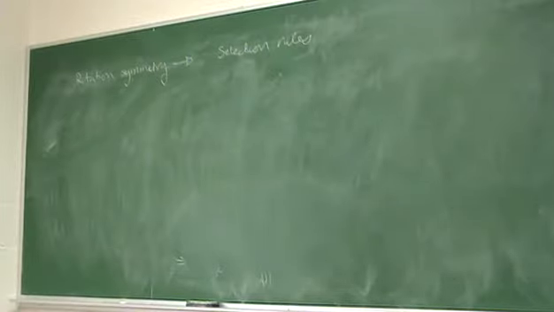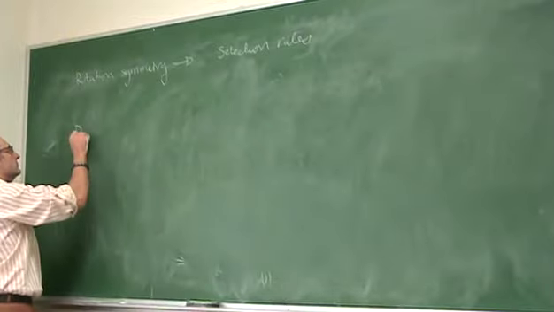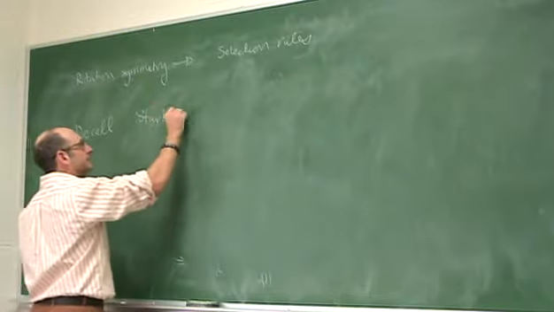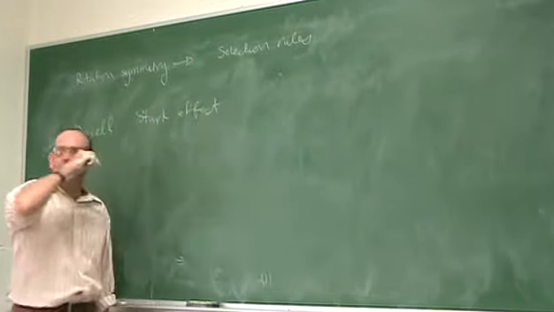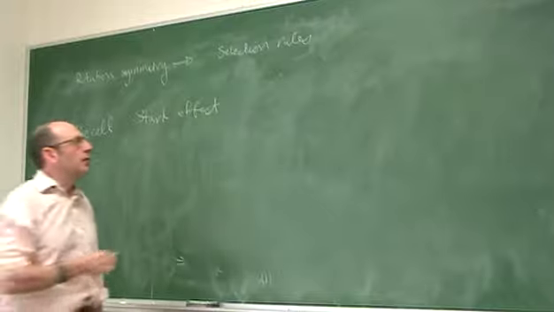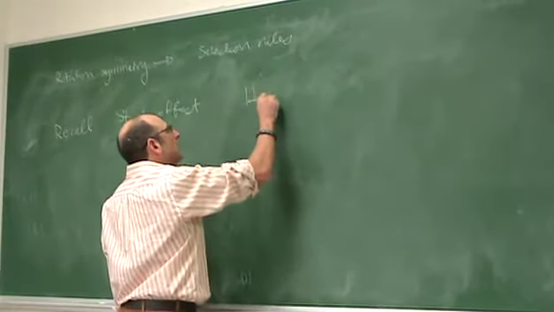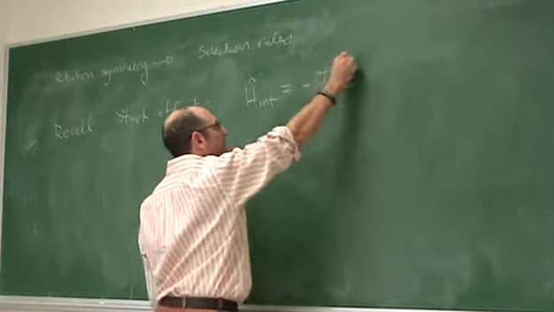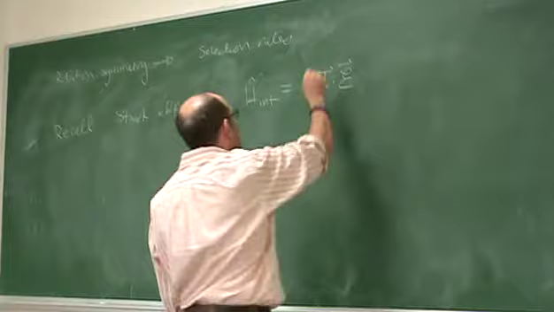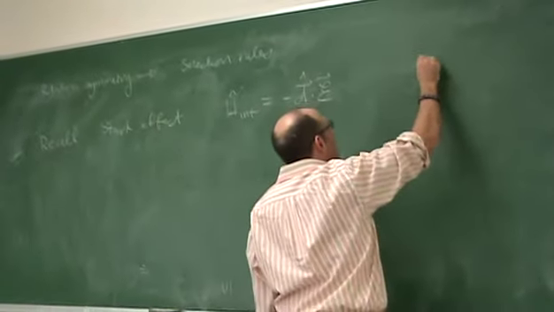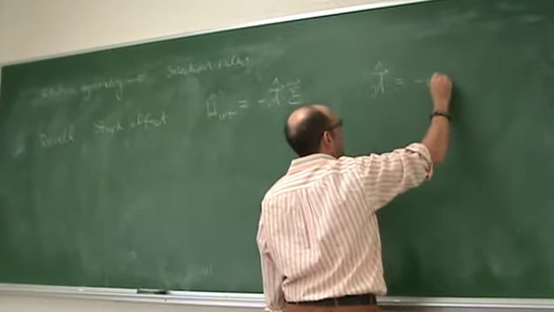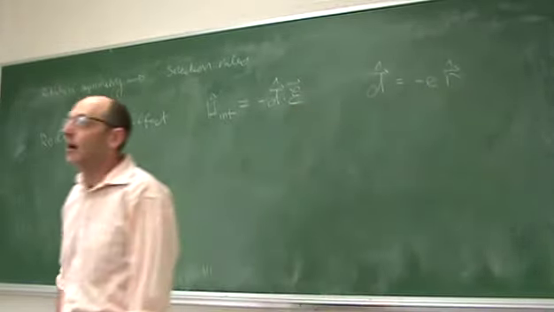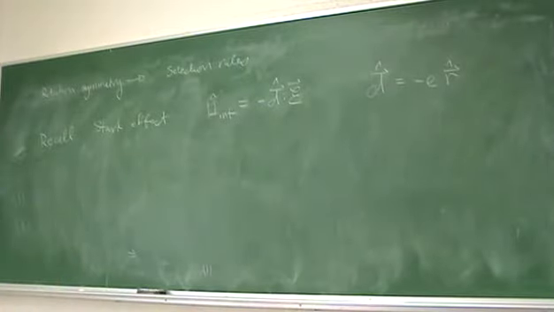Well, let's recall for a moment. When we were looking at the Stark effect, back at the very beginning of the semester, we had an interaction Hamiltonian that we said was minus d dot the electric field. Remember that? And we said this was the dipole operator, which was the charge of the electron times the position of the electron relative to the nucleus.